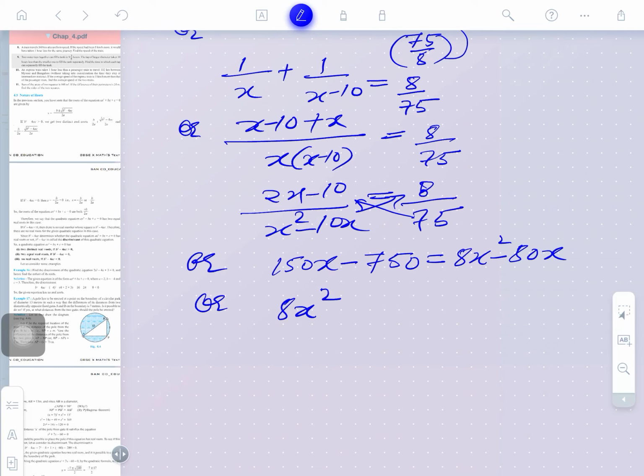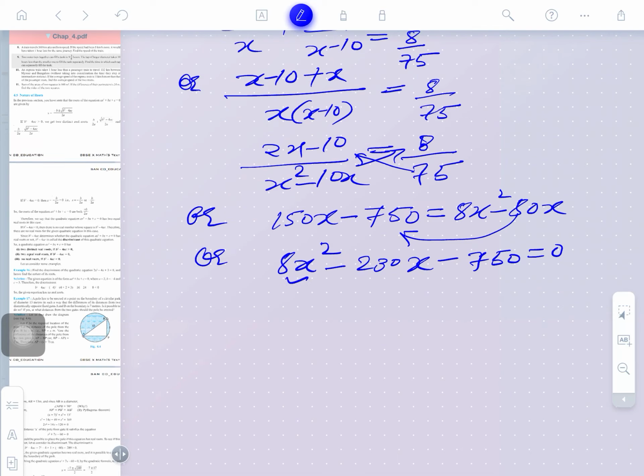So 8x square, transfer to that side, 150 plus 230x, and here next is 750 is equal to 0. 8, 230 this also can be written as x square, okay, and here 4 is also there, 230 and 750.